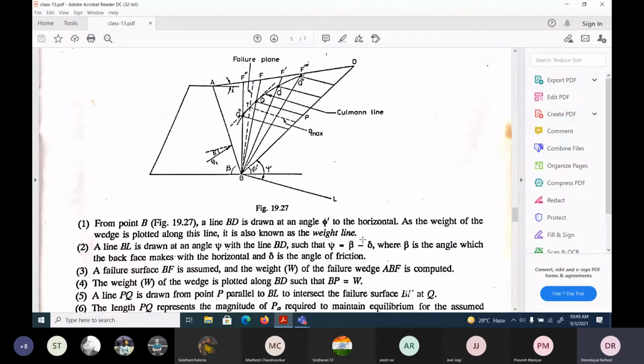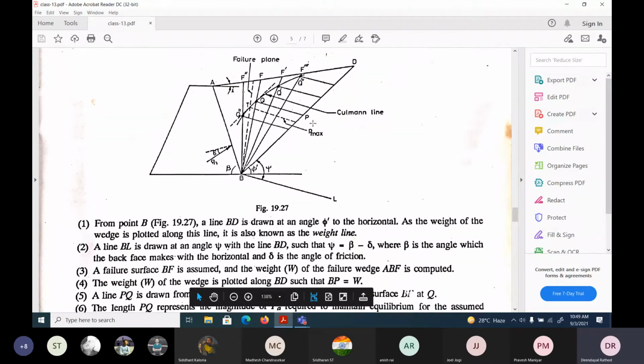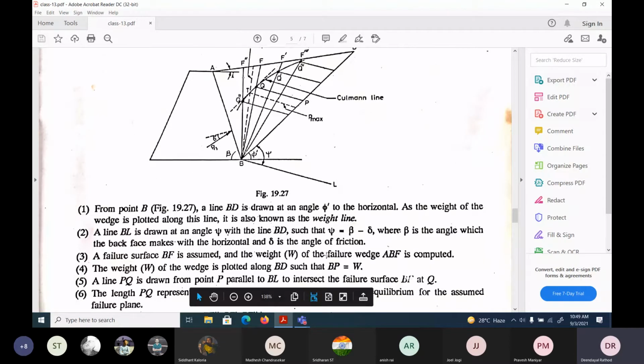The weight of the wedge is plotted along BD such that BP is equal to W. The weight of the wedge is plotted to a particular scale along BD, such that BP is equal to the weight. Understood? We assume some scale for the weight, some kilonewtons for this graphical method, like 10, 20, 30, 40, 50.